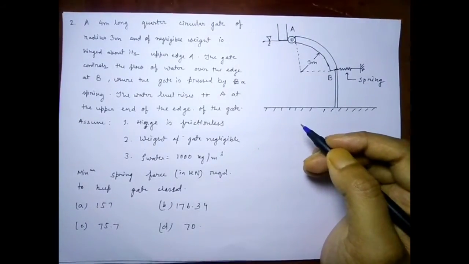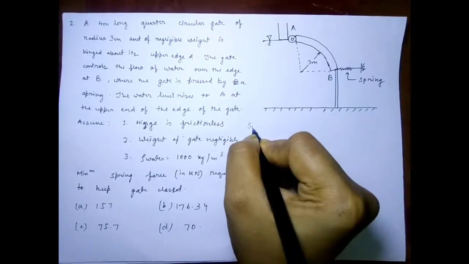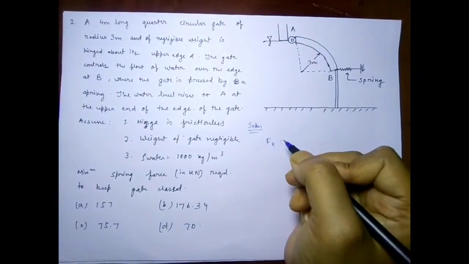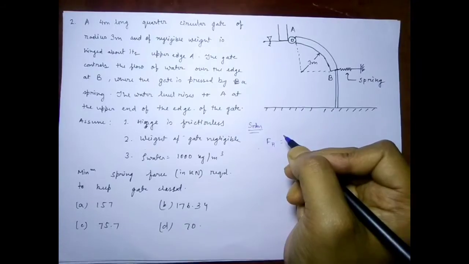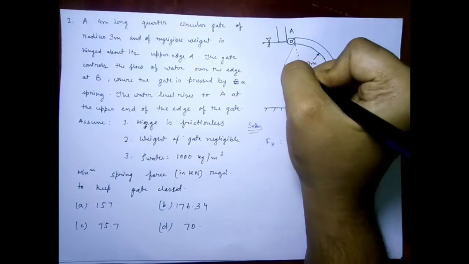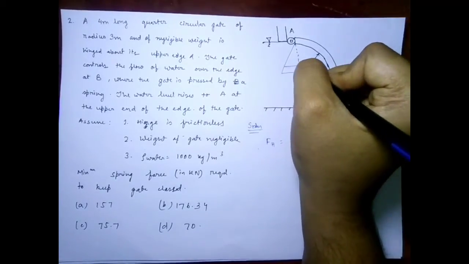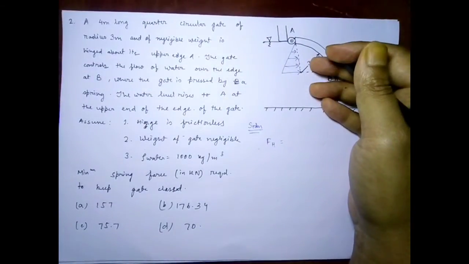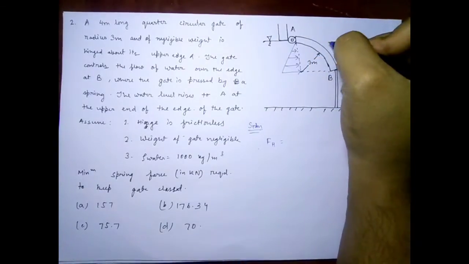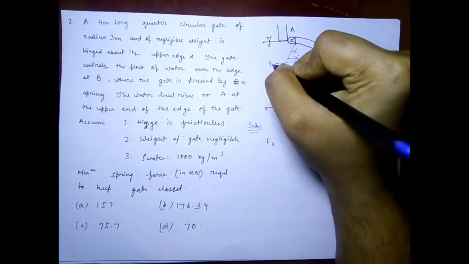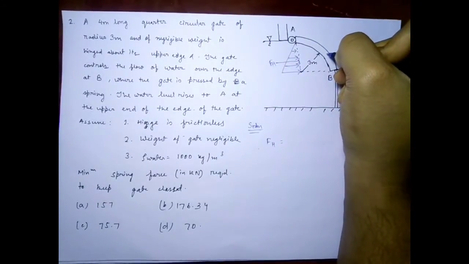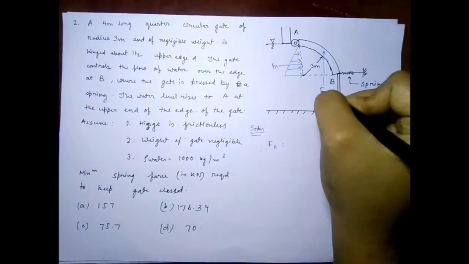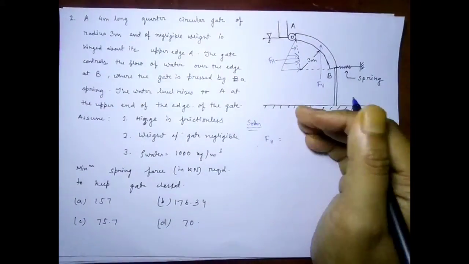So let us first try to get what our horizontal force is, that is Fh equal to, so basically let us think that the horizontal force will be somewhat like this, and we will also have a vertical force which will be somewhat in this direction, and let us consider it to be Fv.